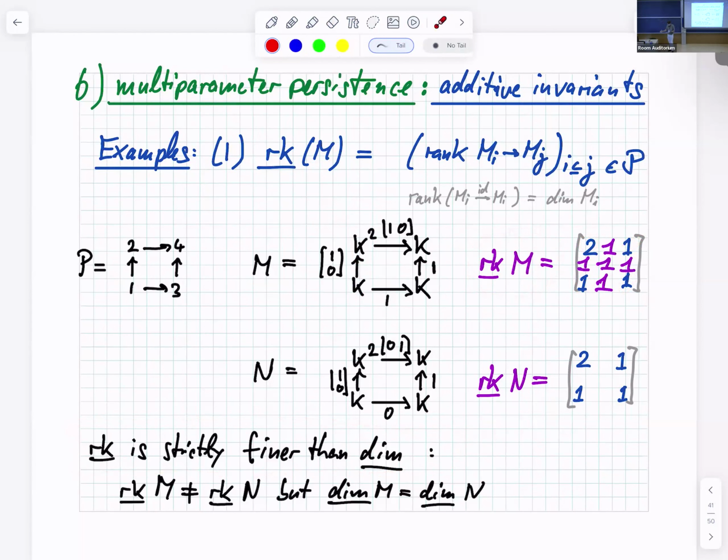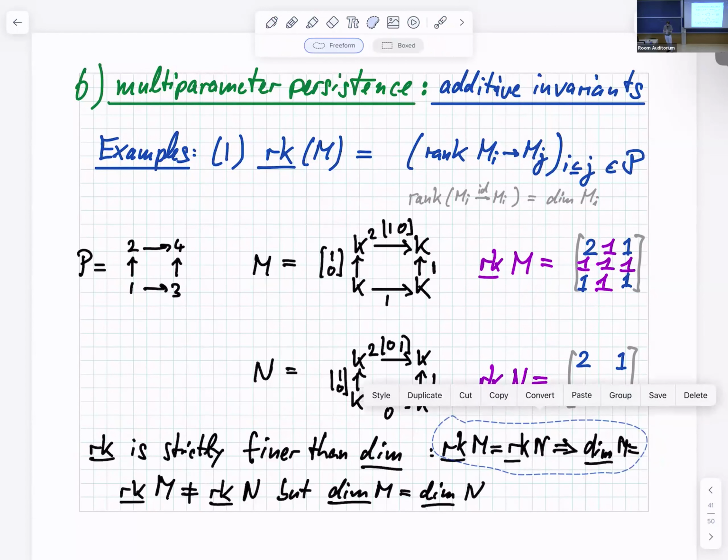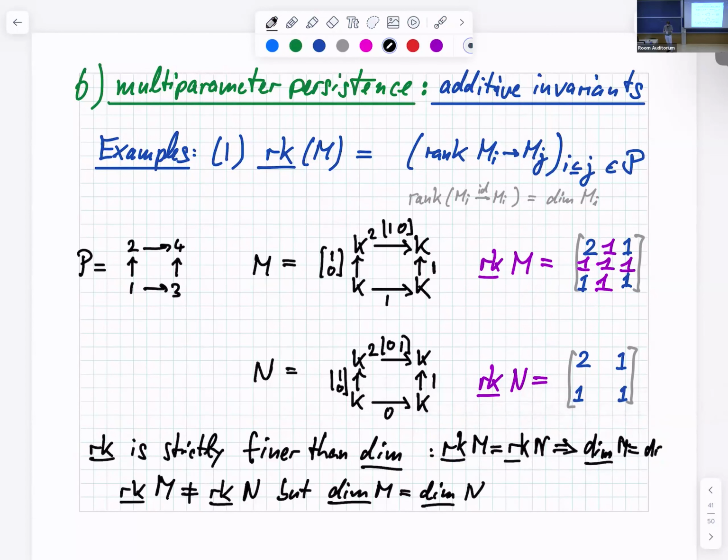If all the ranks are equal, then certainly all the dimensions are equal. I have no space. If all the ranks are equal, then all the dimensions are equal. This is what I want to say. That's correct? Okay, so this is the correct implication.